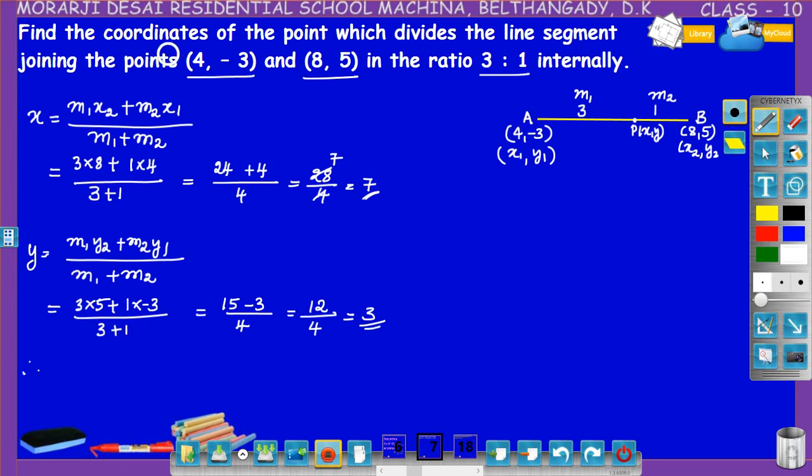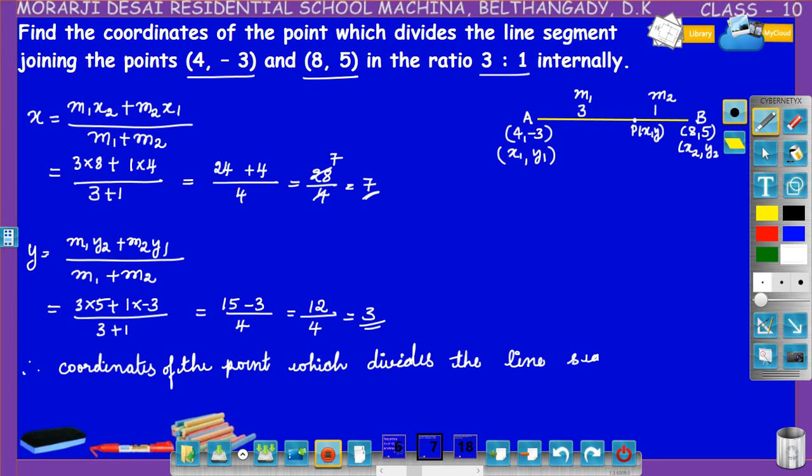Therefore, coordinates of the point which divides the line segment is equal to P of x, y.